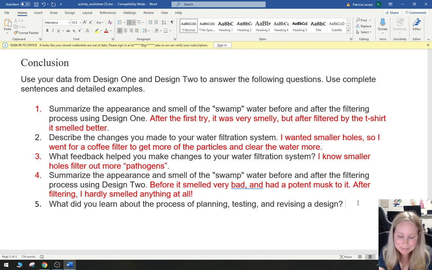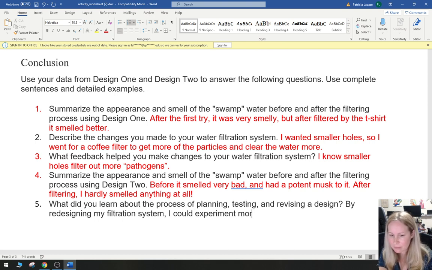You see, by redesigning my filtration system, I could experiment more, right? And find better ways to possibly filter water.